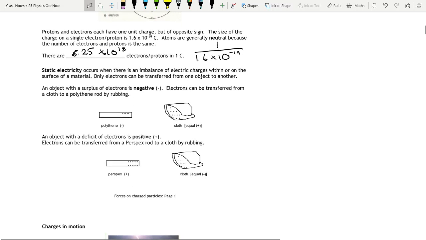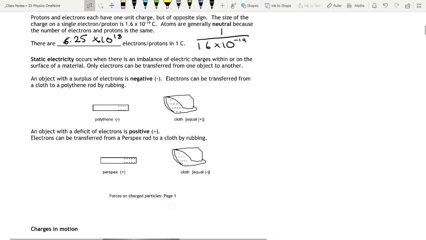So an object with a surplus of electrons, so it means it's got more electrons than it has protons, is negative. And electrons can be transferred from a cloth to a polythene rod by rubbing. So you see there, what happens is the electrons move from the cloth onto the polythene to make it negative.